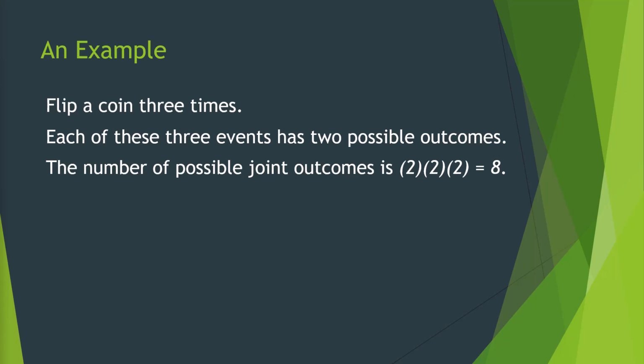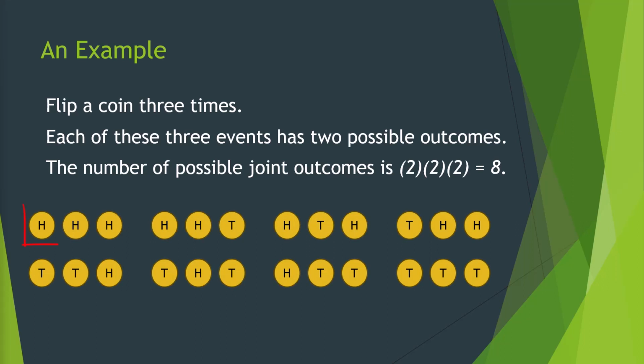Multiply those all together, we have 8 possible outcomes. Here are all the possible outcomes. We could get heads on the first flip, heads on the second, heads on the third. We could get heads on the first flip, heads on the second flip, tails on the third, and so forth. This yields 8 possibilities for what we get on all 3 flips of the coin, all 3 Bernoulli events.